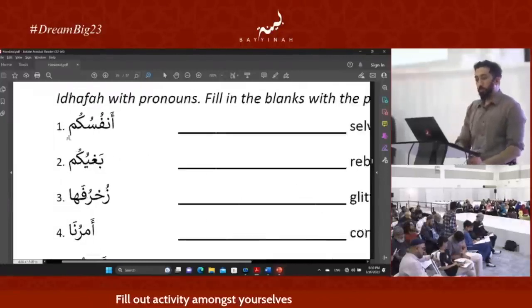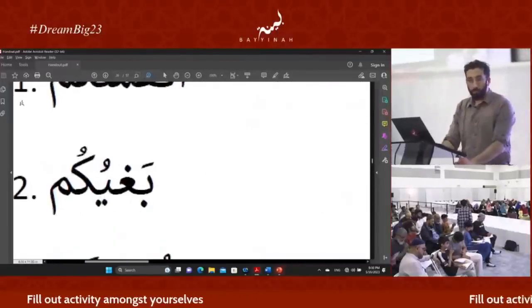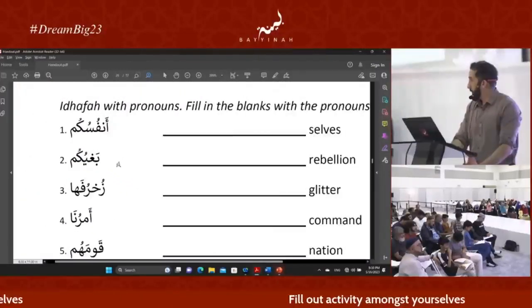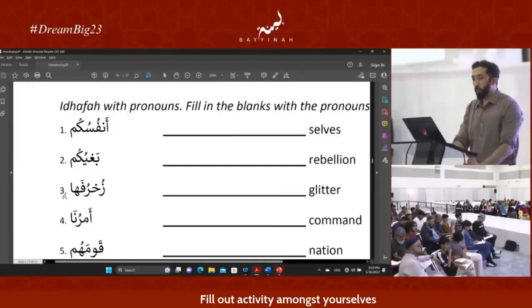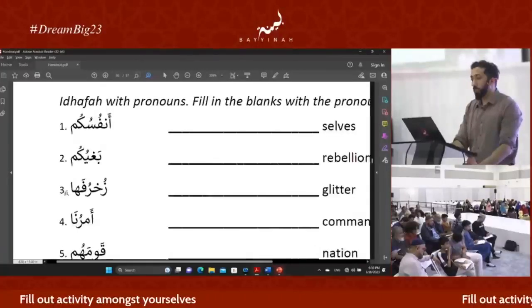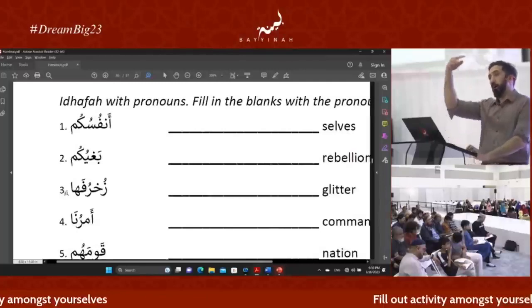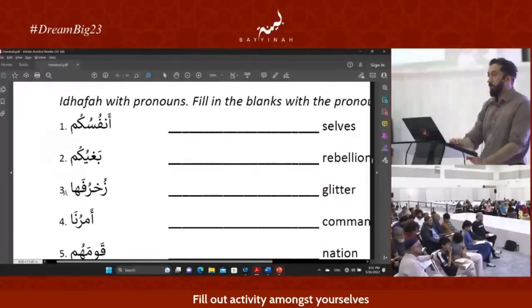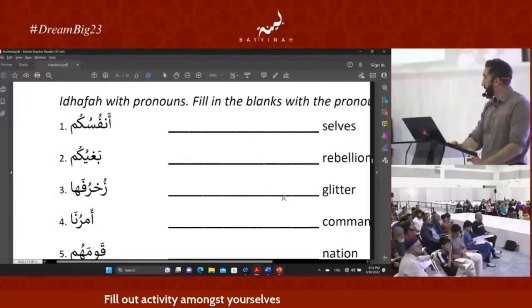Baghyukum, same problem, same solution. So what's the meaning? All of your rebellion. Anybody have trouble with number 3? If you have trouble with number 3, what is the origin of ha? Which means she. So whose glitter?